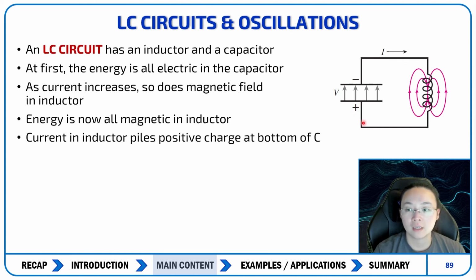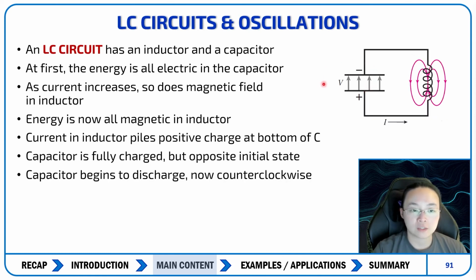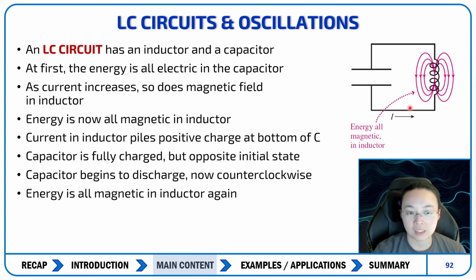What happens next is the capacitor is going to be fully charged, but opposite of its initial state. So you'll see that this has been reversed. So the energy is now all electric within the capacitor. Now what happens next? Since all of the energy is in this capacitor, the current is going to go from the positive to negative terminal. So now the current is going in the opposite direction, and the capacitor begins to discharge. And now it's counterclockwise. Once again, the current is going to flow through the inductor.